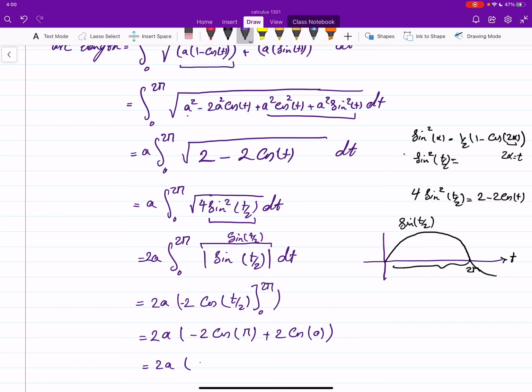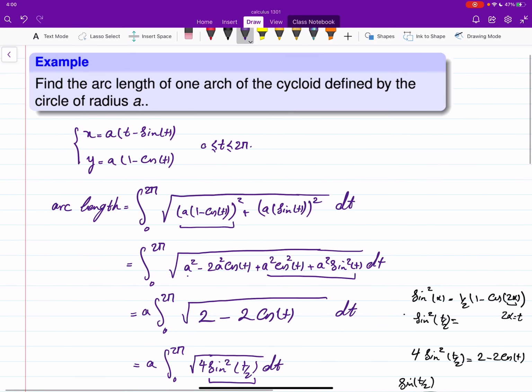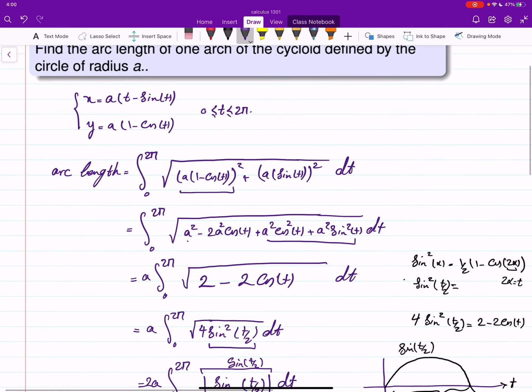Cosine of pi is negative 1, so 2 there, plus 2 times cosine of 0 is another 2. And then the result is 8a. And that is what we were looking for. So that's the length of one arch of a cycloid generated by the circle of radius a.